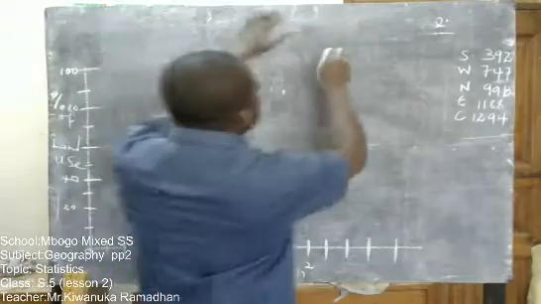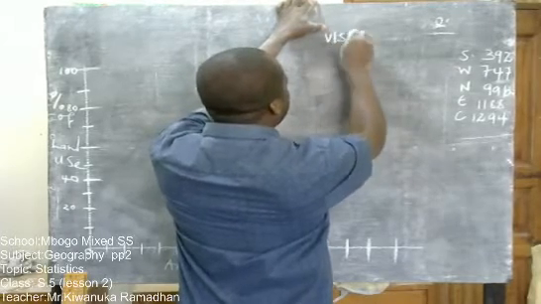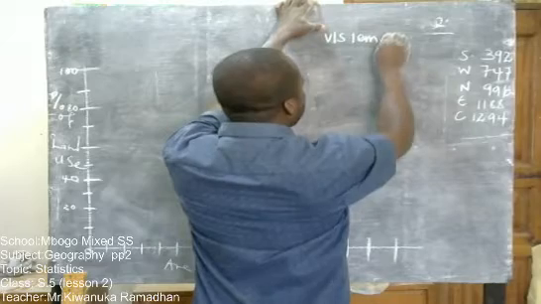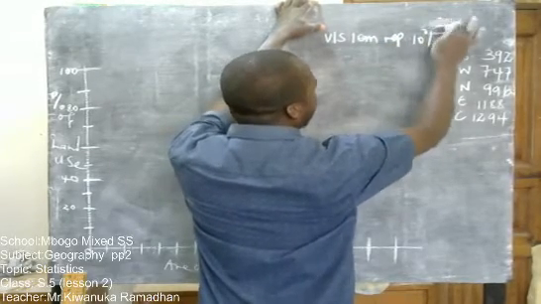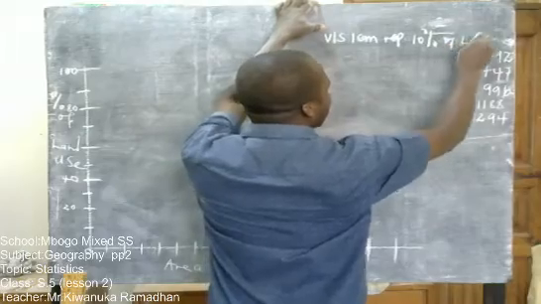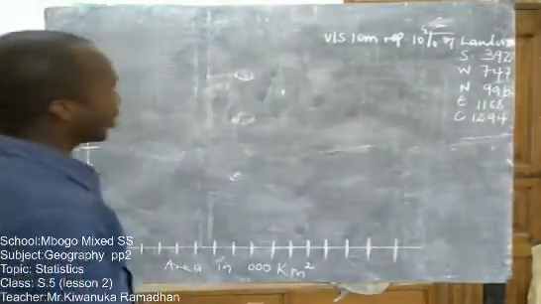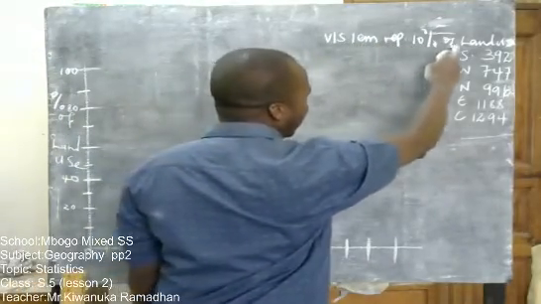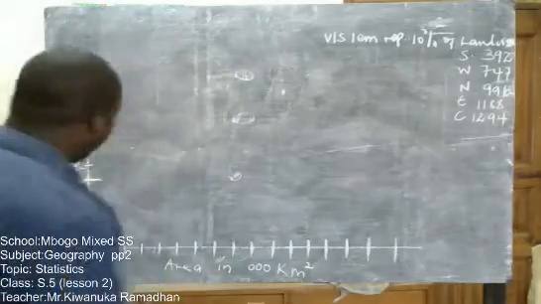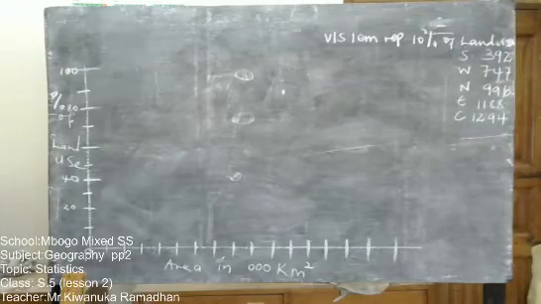We have said vertical scale, 1 centimeter represents 10% of what? Of land use. 1 centimeter represents 10% of land use, and it is what we have transferred here.